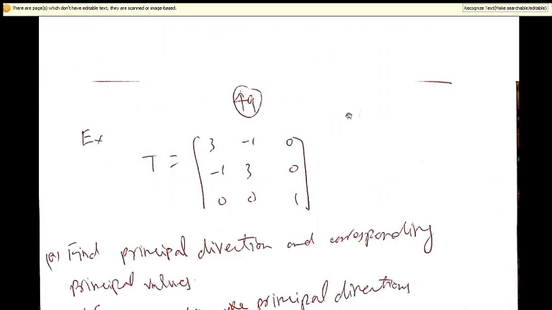Now we will apply this to an example. We are given this tensor T, and you can see that it is real and symmetric, so it has at least three principal directions which are orthogonal.